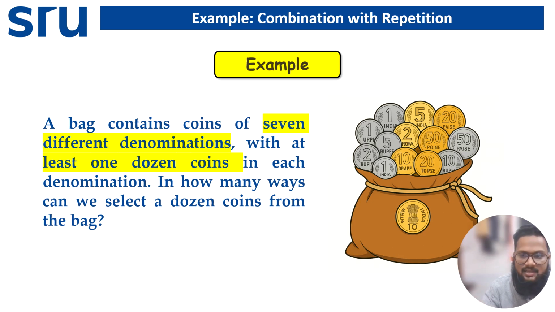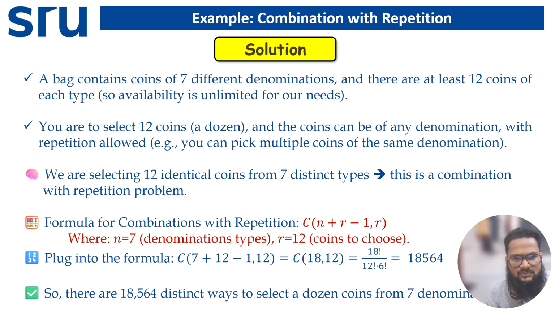So here you can see the answer. There are 7 different denominations, so n is 7, and r is 1 dozen, which is 12. The combination formula, please remember, is (n plus r minus 1) factorial.